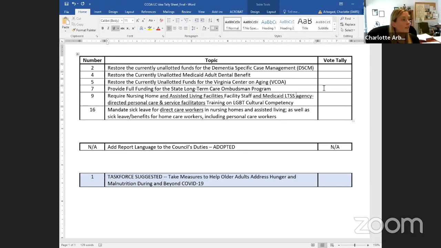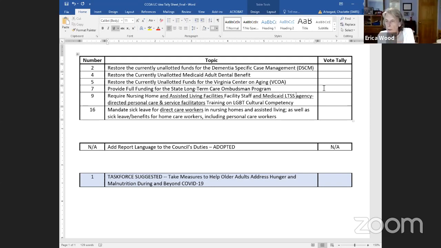Well, agency directed appears in the Medicaid program. We can finesse the wording, but what this is, is Medicaid long-term services and supports agency-directed personal care. Okay. So this is separate. So what about home care? You were talking about home care agencies.